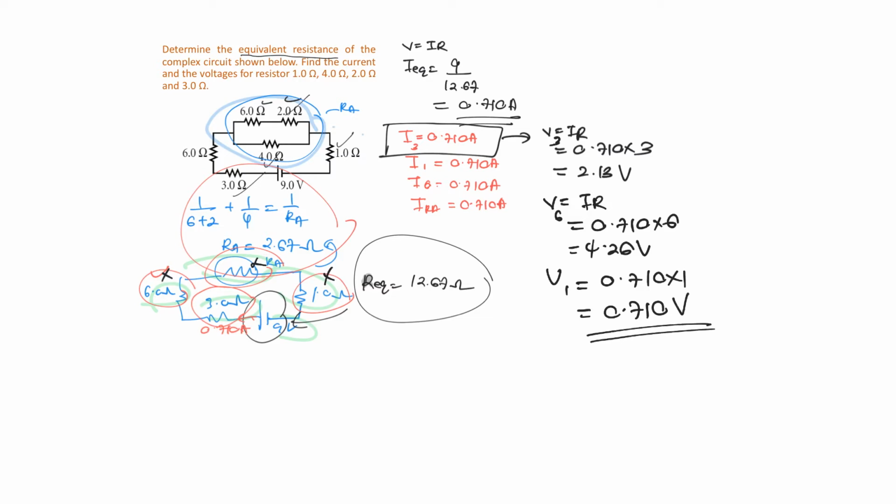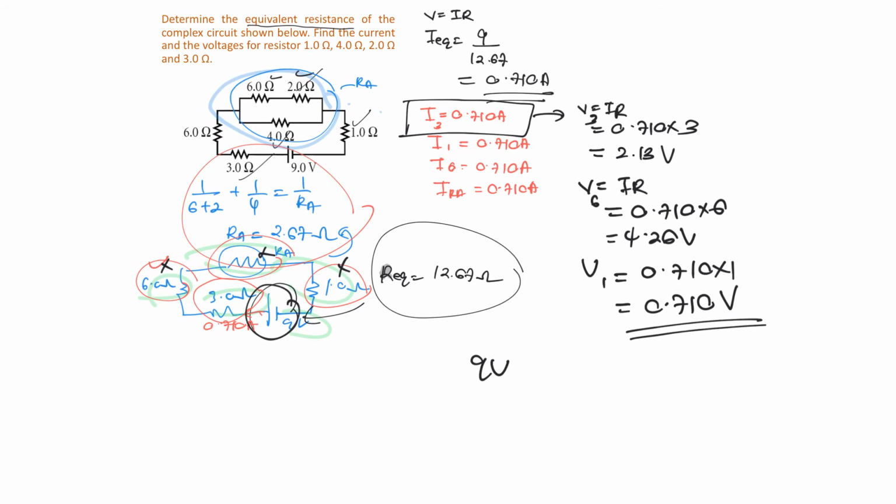So what is the value for RA? You can actually use V equals IR, or the easiest thing is the total voltage is 9 volt. For the series combination, the total voltage is the sum of the voltages of the resistors arranged in series.